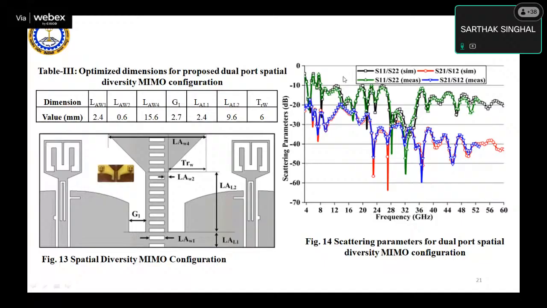We can see that the S11 and S22 plots are still nearly equal, with no effect on the reflection coefficient performance compared to the single element, and isolation of more than 20 dB is achieved. This signifies that both the elements are nearly independent. Even though their grounds are connected, their performance is independent of each other.